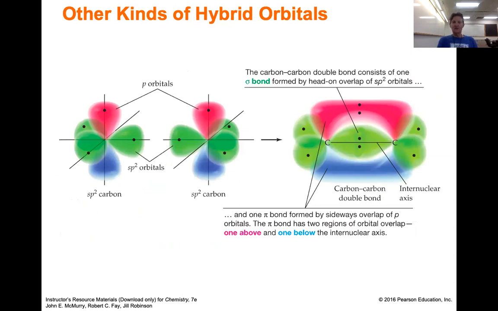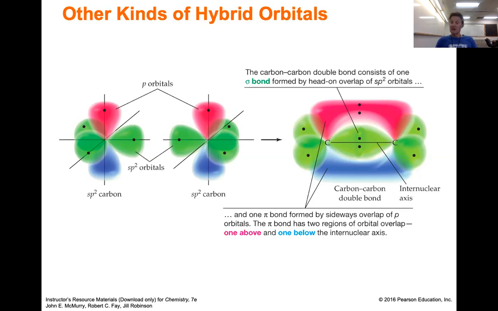So if you have 2 carbon atoms, each with an sp2 set of hybrid orbitals, one of those sp2 orbitals on each carbon can come together. And on the right-hand side, that region in green in the middle shows you that that's the first bond that forms. That's a sigma bond. But then if you squish those together, above you get a pink lobe and below you get a blue lobe. And that's the second bond.